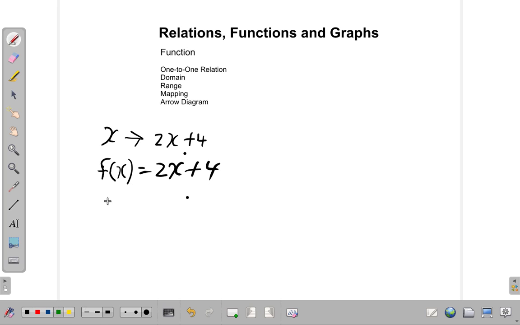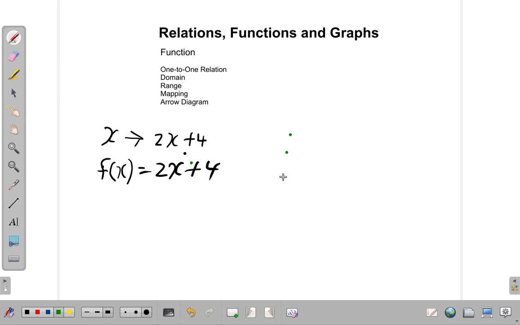This is somewhat similar to the form y is equal to 2x plus 4. But instead of saying y now, we just use f of x. The f of x could have been g of x, could have been h of x, or other letters of x. But f is a popular letter for us to use.